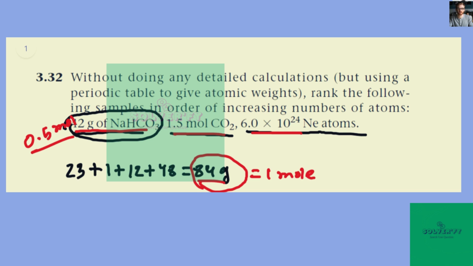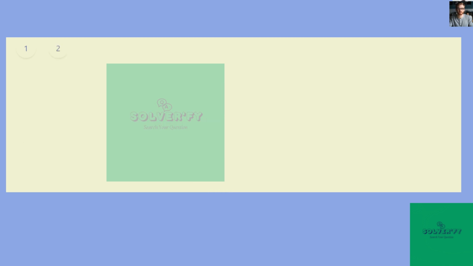Now we have to find out how many atoms we have in this 0.5 mole of sodium bicarbonate. As we know, in 1 mole of any compound or molecule, we have 6.02 times 10 to the power 23 molecules.